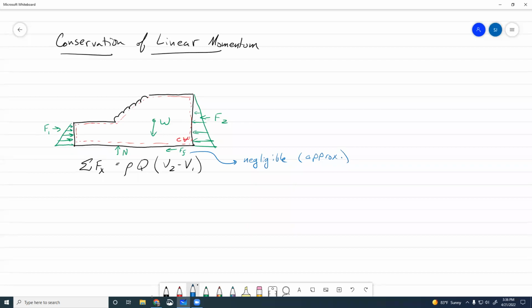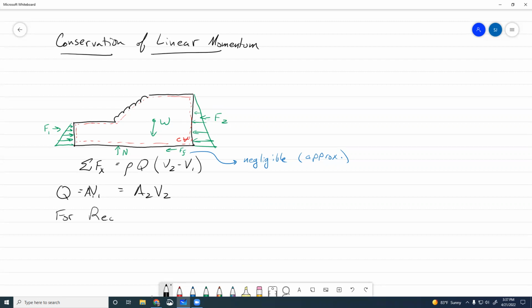All right, now those are some of the forces. Now let's think about our velocities. So we've got Q, and Q coming in is equal to Q coming out. So Q is the same, and we're just going to go to our conservation of mass. A1 V1 is equal to A2 V2.